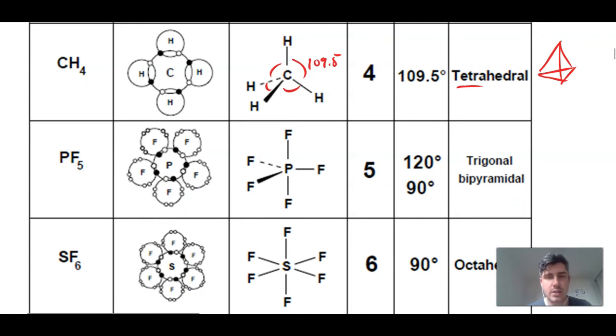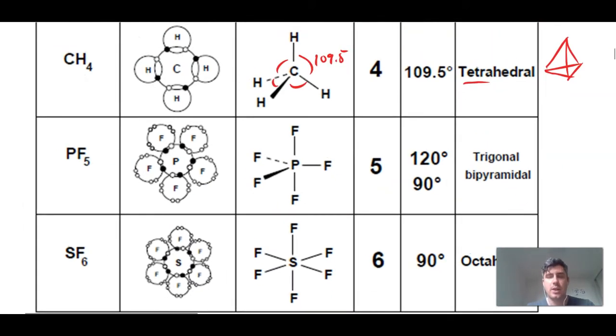With five bonding pairs, you can see that we get an unusual structure where there's actually two different angles here. The first three bonds are spread evenly around the equator here. These are called equatorial bonds, and they are 120 degrees from each other. But there's also an axis here, and these axial bonds are 90 degrees from the equator.